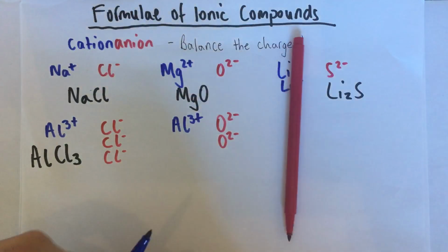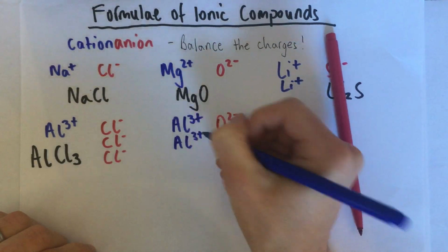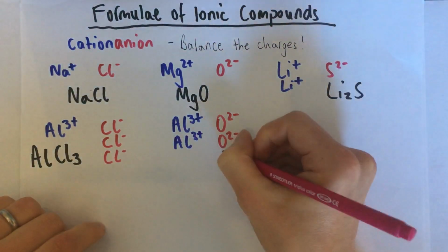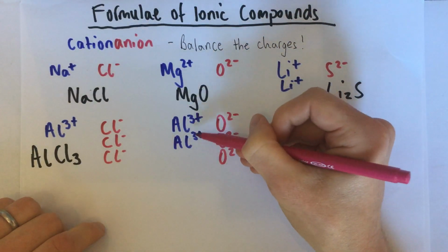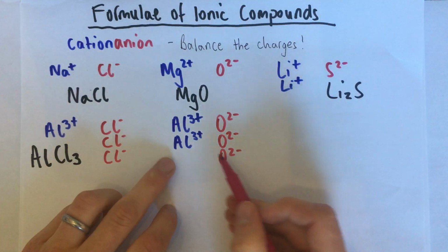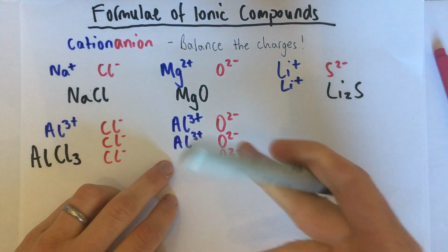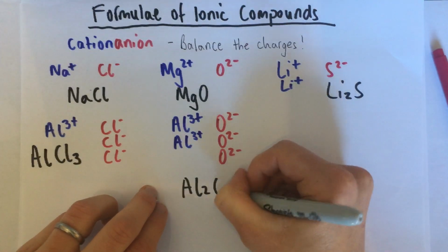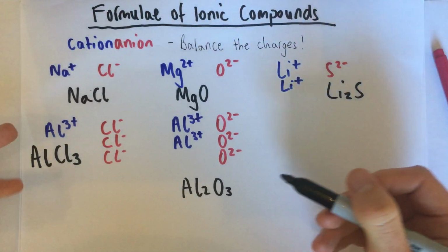So we're going to need to add another aluminium ion. Now we've got 6 plus, 4 minus. Let's add another oxide ion. Now we've got a total of 6 plus positive charge and 6 minus negative charge. So now they balance, and we've had to get 2 aluminium ions and 3 oxide ions for that to work. So the formula for that is going to be Al2O3.